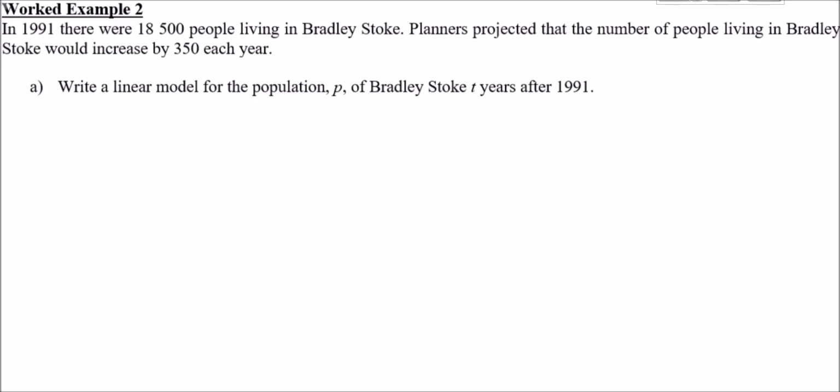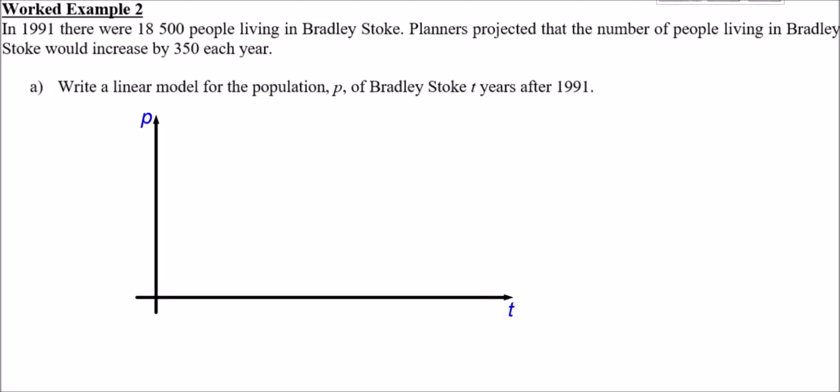So what we need to do for this one, first of all, is to think about it on a graph here. So we have P and we have T. We now need to add in the information we can on this set of axes. So first of all, we can see here that it says in 1991 there were 18,500 people living in Bradley Stoke.